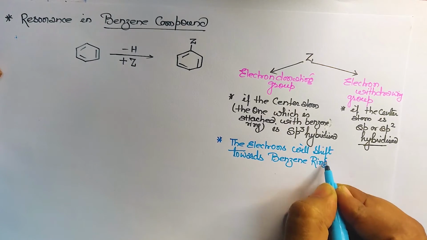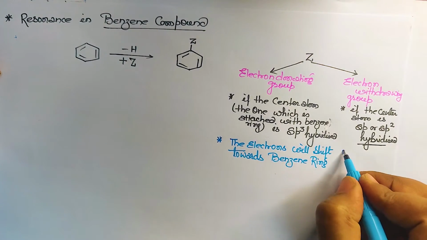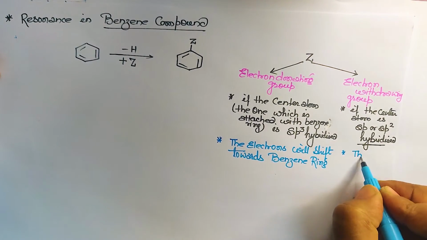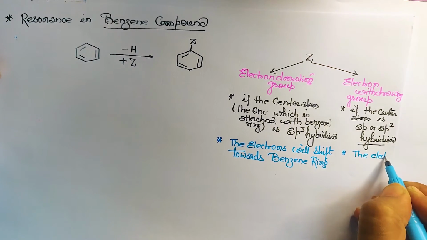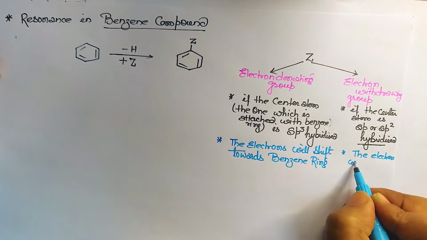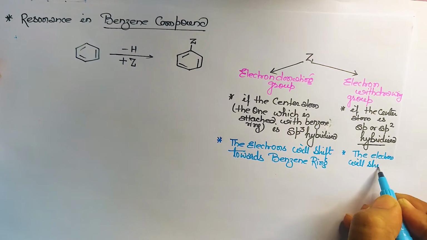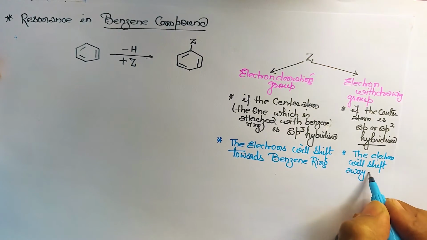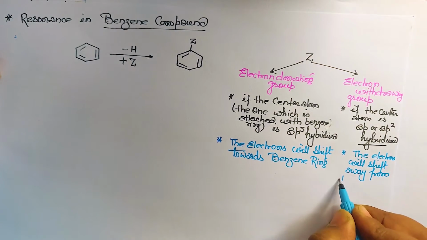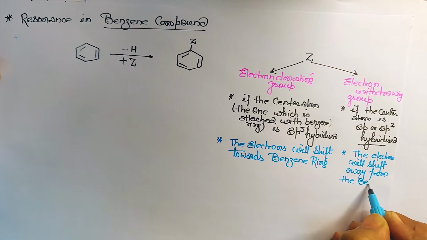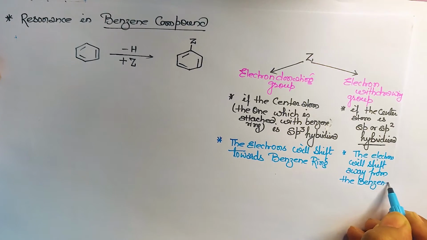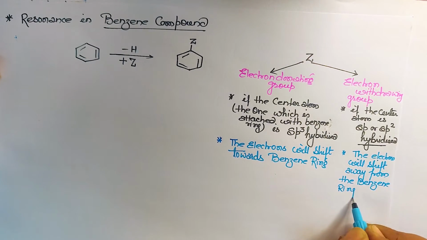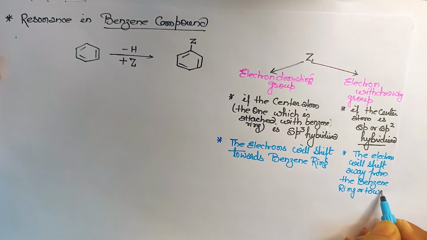Okay, similarly in this case opposite हो जाएगा, the electrons will shift away from the benzene ring, or you can say towards the group.